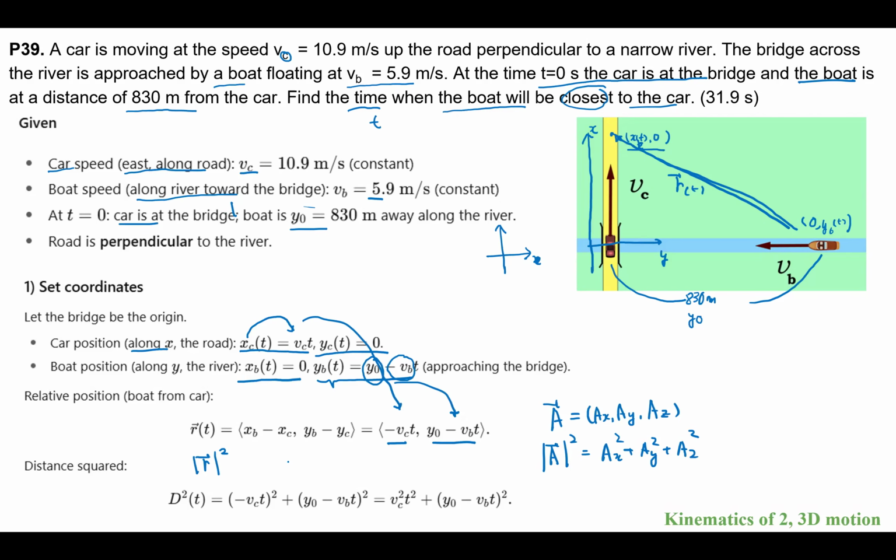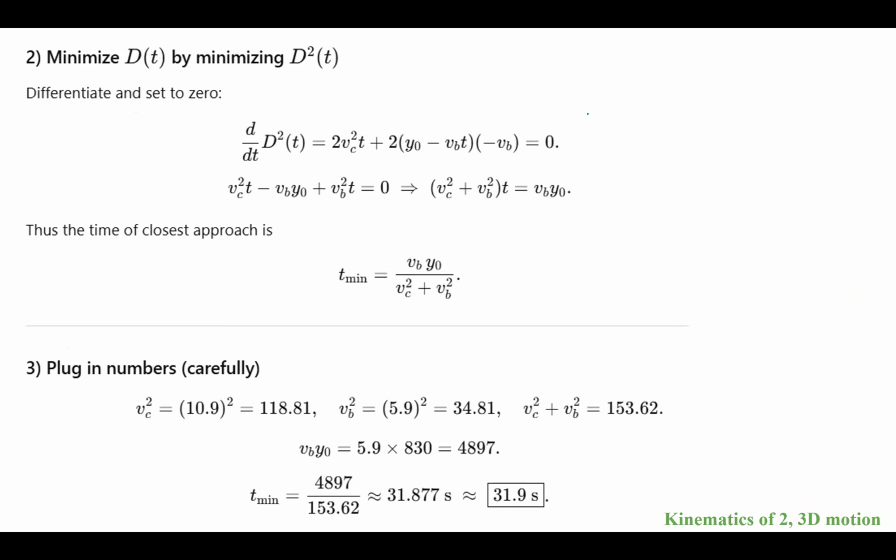The R vector magnitude squared, which we now call the distance, is given as a function of t. But we need to know when the boat will be closest to the car, and here comes a very important step.